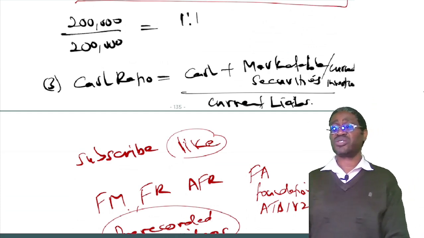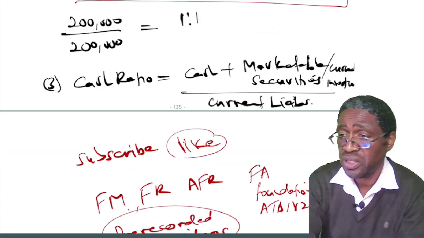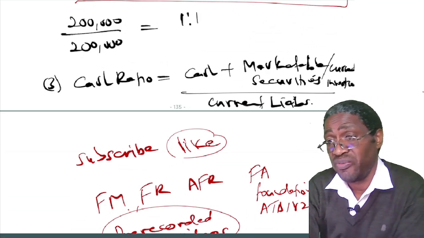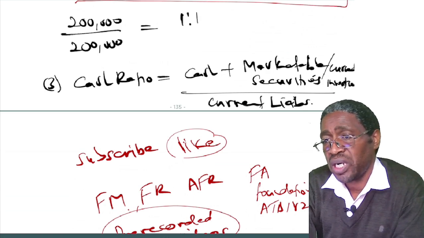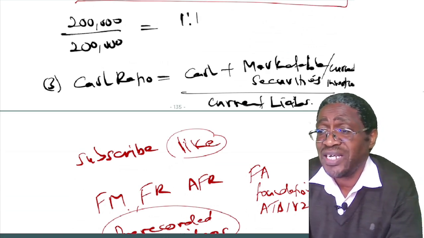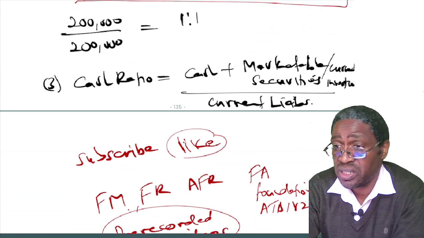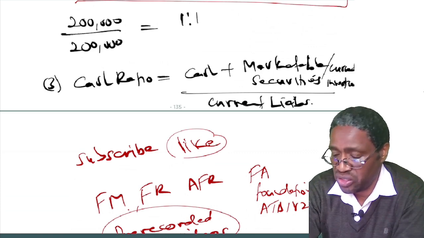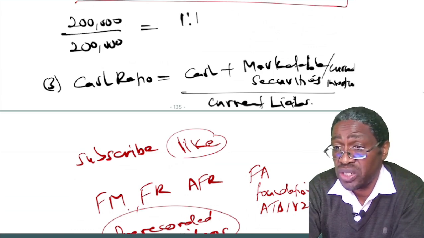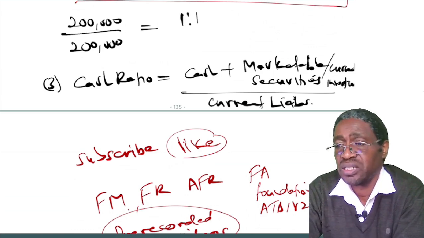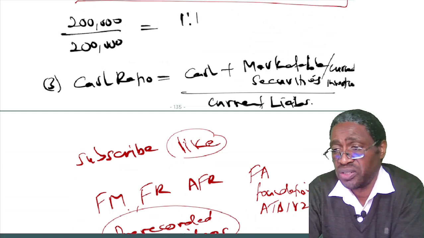Those are short-term investments. You take the cash, you add any current investments, which are marketable securities, and divide by current liabilities. Good.